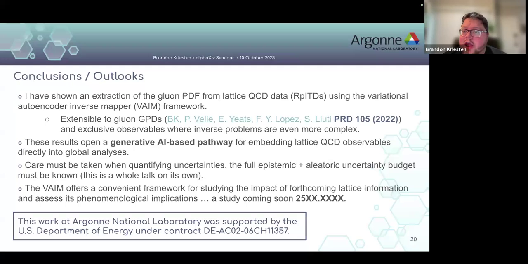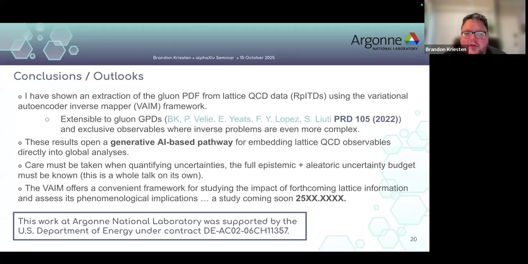So the beauty of the VAIM is that it's an end-to-end framework, meaning it's agnostic to the physics on which you're training it. So this becomes a very useful, powerful tool for possible theoretical discrimination between various different methodological descriptions of the data, for instance.